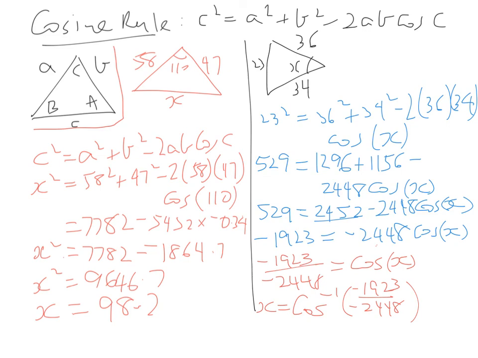So divide that by 2448, and it's 0.78. So 0.78, and I'm going to do the inverse cos of that, and we end up with 38.7 degrees.